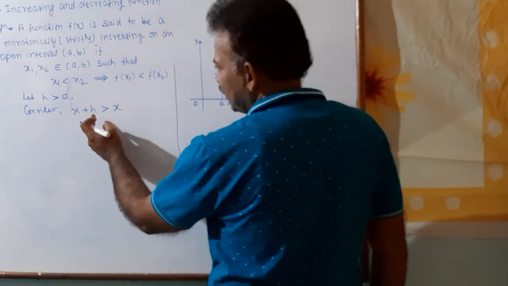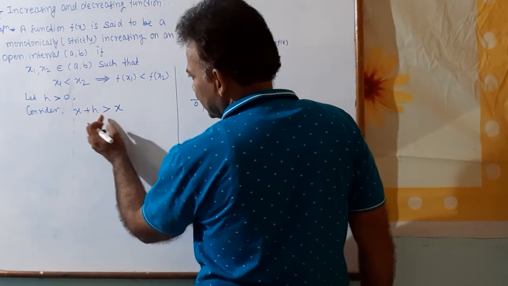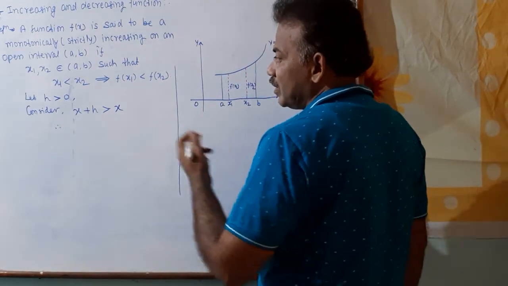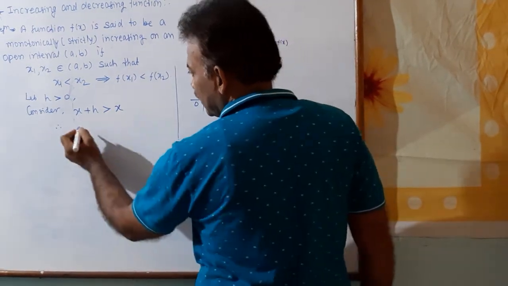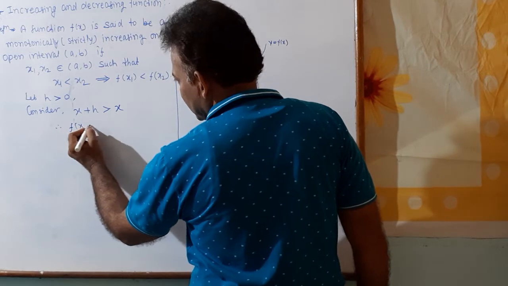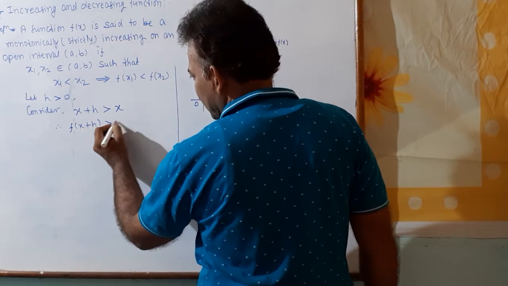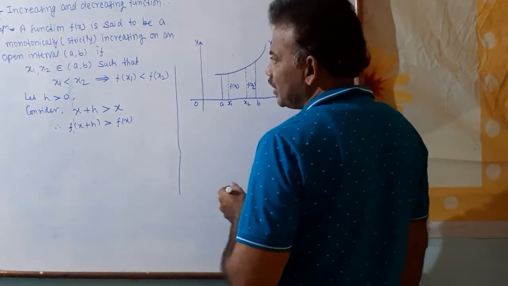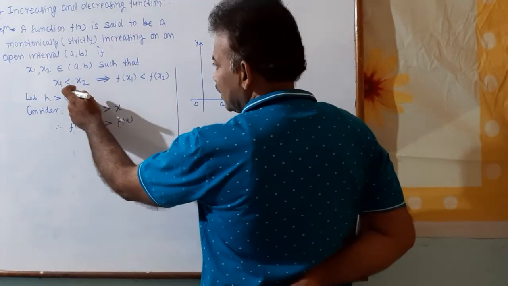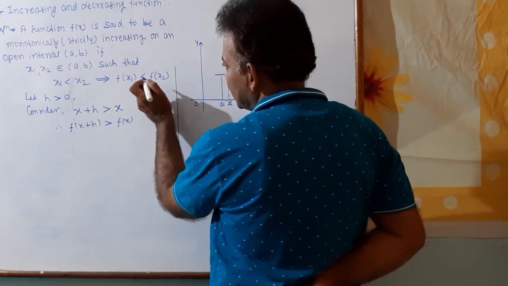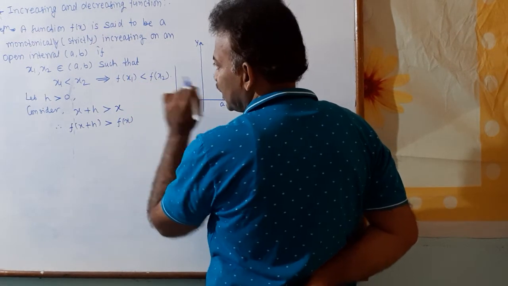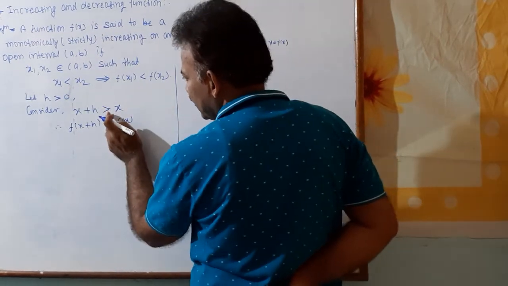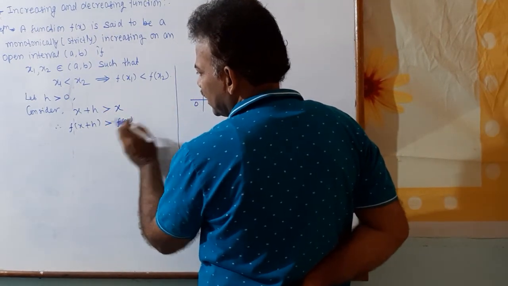H is positive, we add h in x, that means x plus h is always greater than x. And therefore, if I operate function f on these elements, what do we get? F of x plus h greater than f of x here. That is the definition of increasing function. In an increasing function the sign does not change, the sign is the same, less than gives less than. Here also the sign is the same, greater than sign.